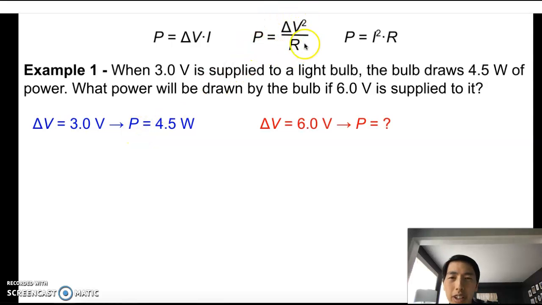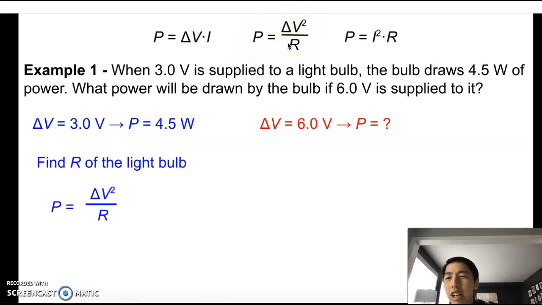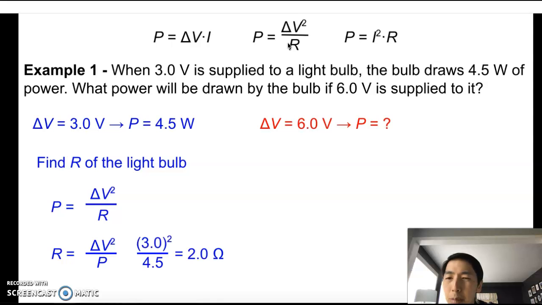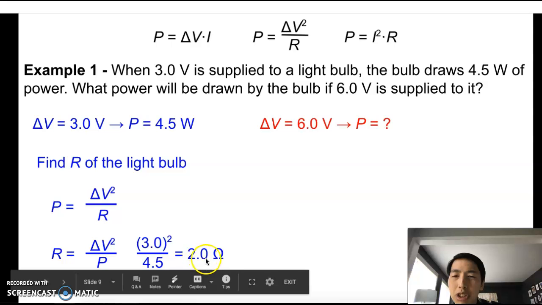That would be the middle one right here. Pick out the formula to find the resistance. Okay, rearrange the formula to get resistance, plug in the numbers and calculate it, and it equals 2 ohms. So that's the resistance value I can transfer over to my new list.